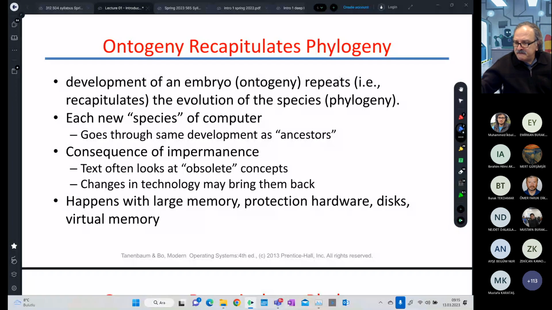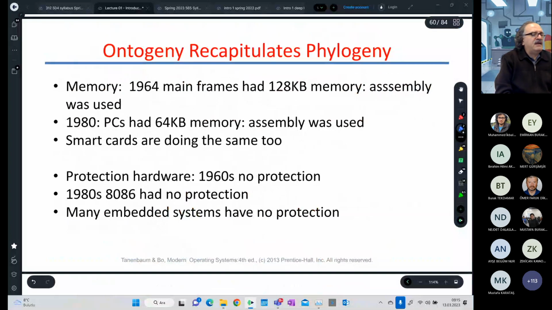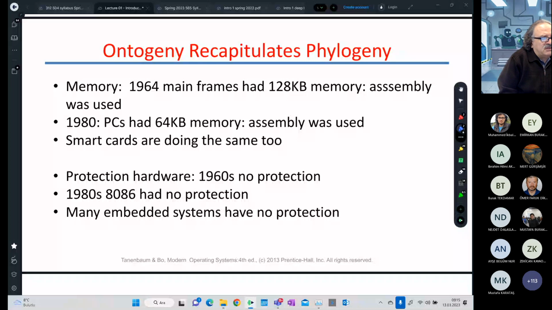The same thing happened with CPU time and memory, and also protection. In the 1950s and 1960s, there was no protection. Remember what protection is? I think I asked this before. Protection is that each process has its own address space and CPU.